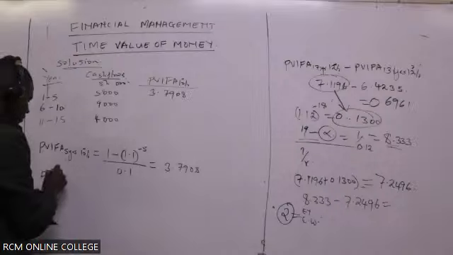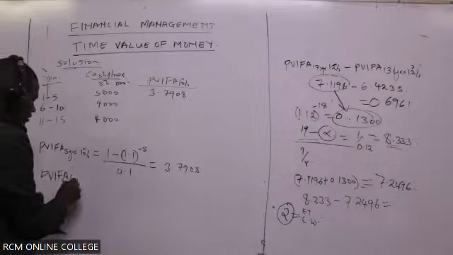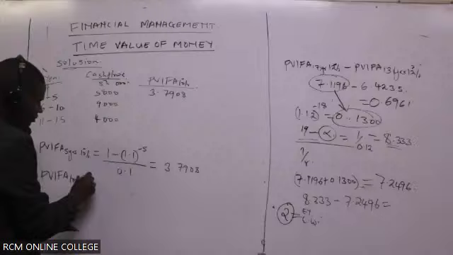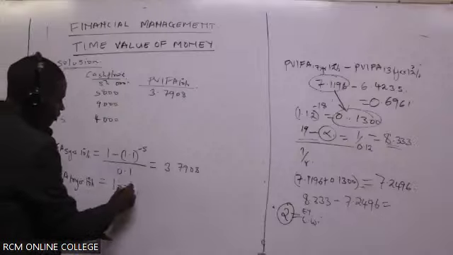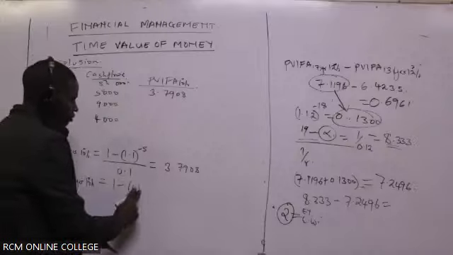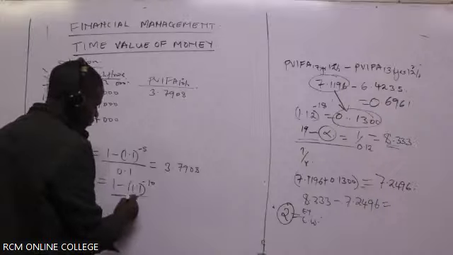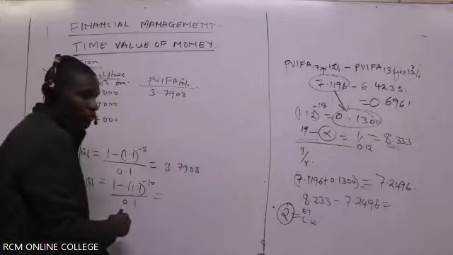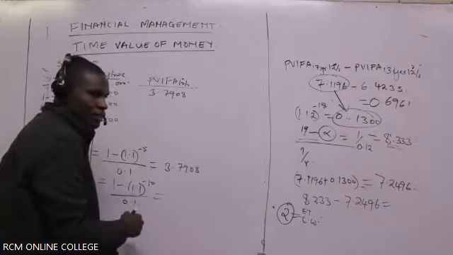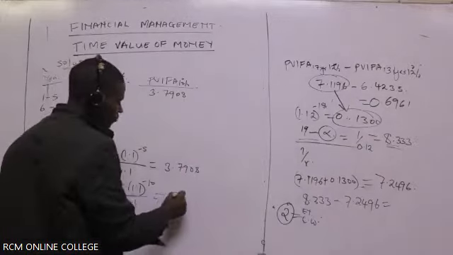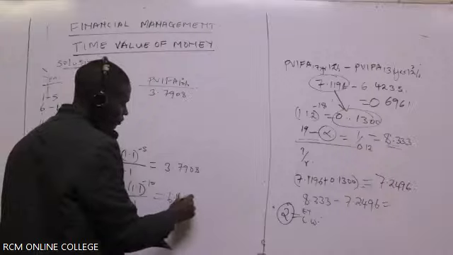PV for 10 years, 10%. That will be 1 minus 1.1 raised to power negative 10 divided by 0.1. What do you get? 6.1446.